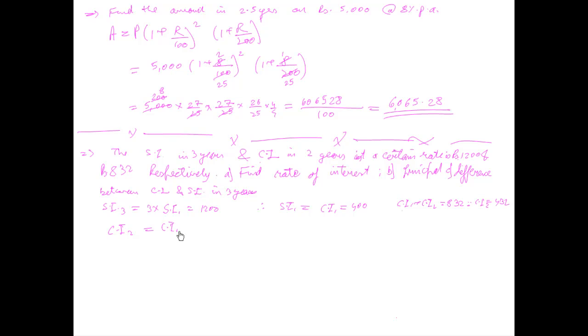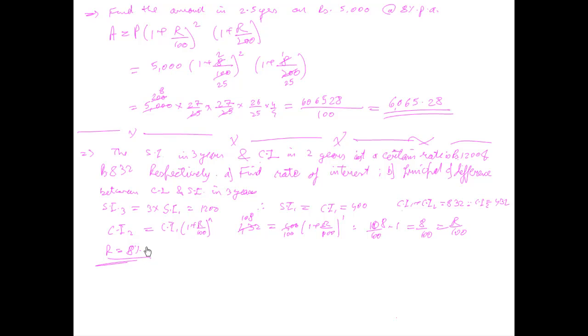CI2 is equal to CI1 (1 + R/100) raised to power of 1. 432 is equal to 400 (1 + R/100) raised to power of 1. This will cancel with 400, 4 times. So children, that gives us 108 upon 100 minus 1, that's 8 upon 100 is equal to R upon 100. 100 cancels, children, to give you rate as 8%.